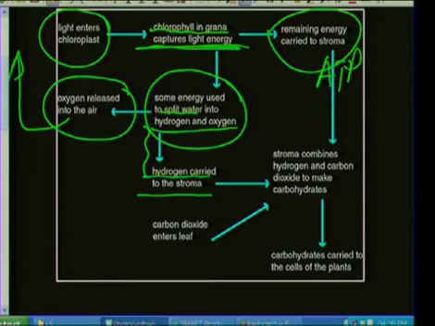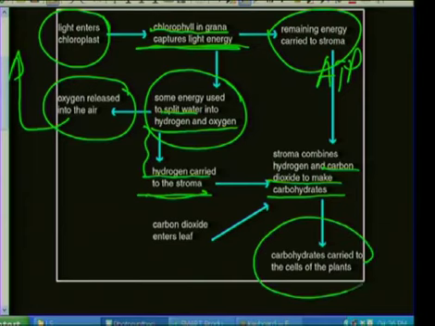That's the other cycle, one cycle and another cycle there. And here, the ATP and the hydrogen will combine with carbon dioxide to make carbohydrates. The carbohydrates are carried to the cells of the plant to store, or for respiration, etc.